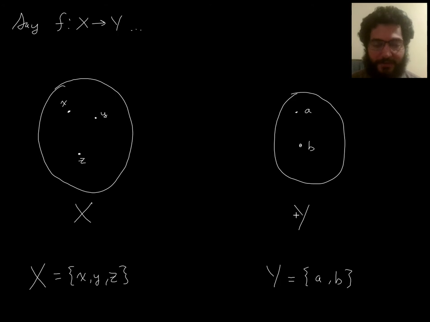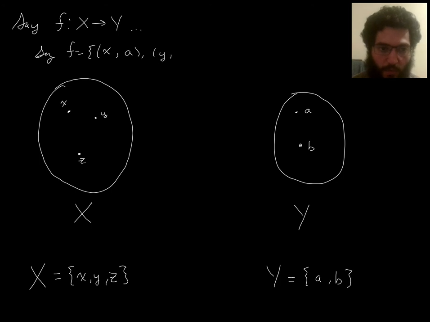Then what is f? So this picture is now missing f. It contains a nice depiction of x, a nice depiction of y. But how do I depict f? Well, one way I could go, f is a set, right? So let's say f is this. It's a set of pairs. So let's say it consists of (x, a), (y, b), (z, b).